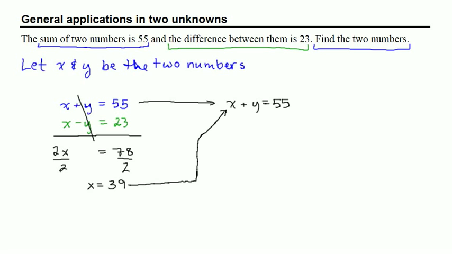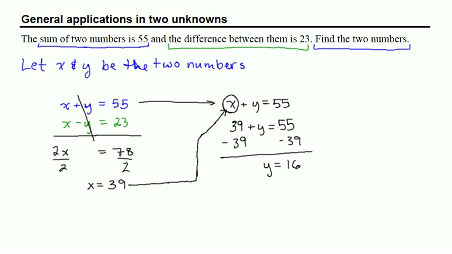In any case, I'll do this by a formal substitution, which means I'll plug in 39 for x, giving me 39 plus y equals 55, and then subtract 39 from both sides to get y is equal to 16.